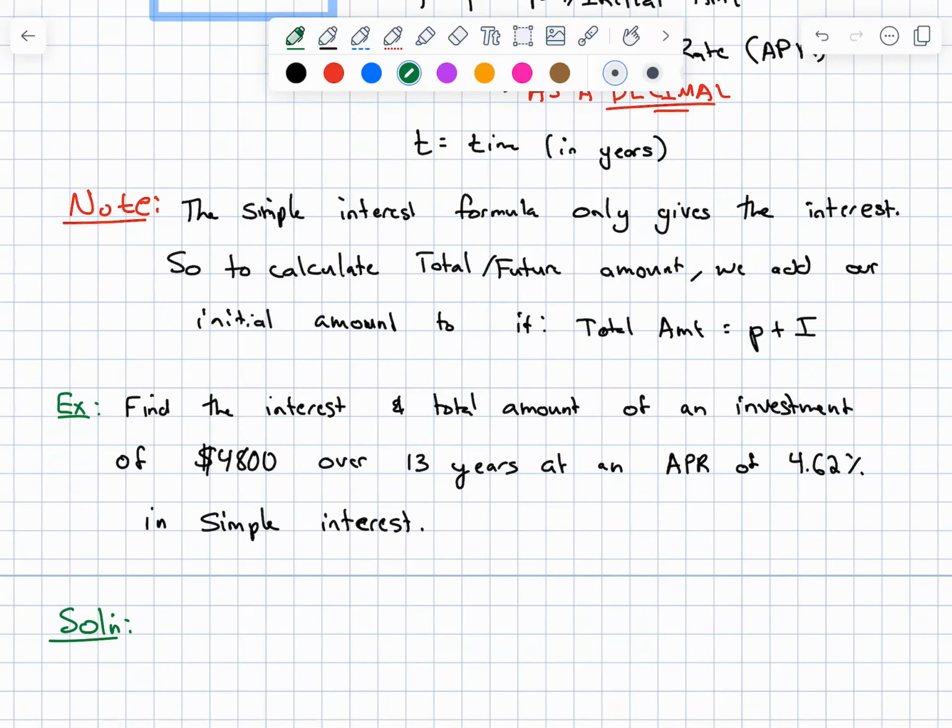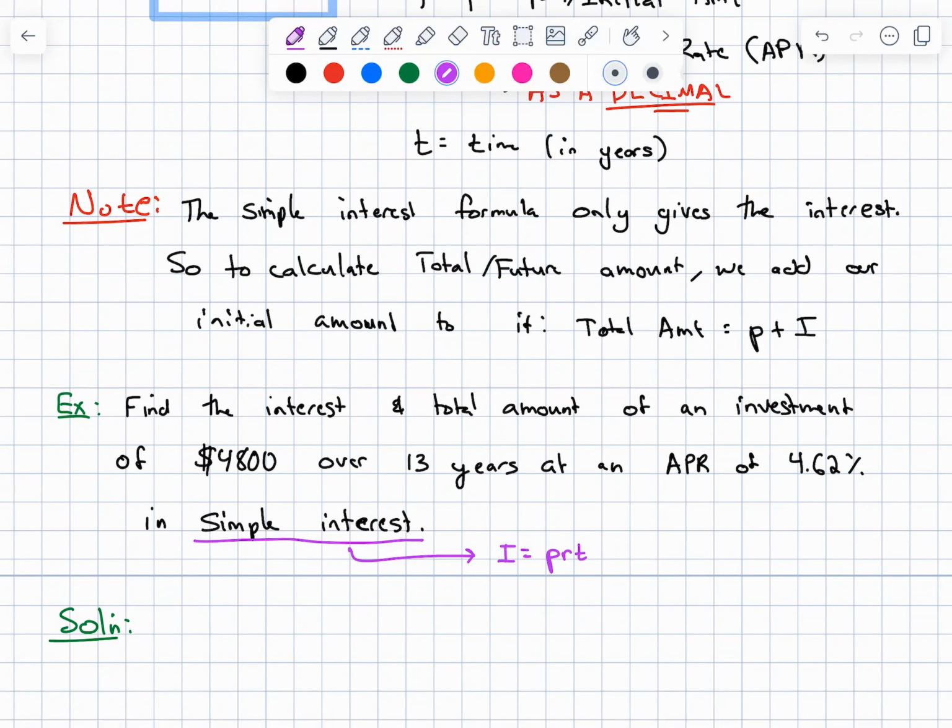So I'm going to highlight the fact that it says in simple interest as a giveaway to which formula we're going to use. As soon as I saw this, I knew I was using I equals PRT. Now, you might be thinking, well, duh, Phil, that's the formula we have in front of us. And I will say, yes, that's true. But if this was a problem on an exam or a quiz, which will have both simple interest and compound interest, how do we know which one to use?